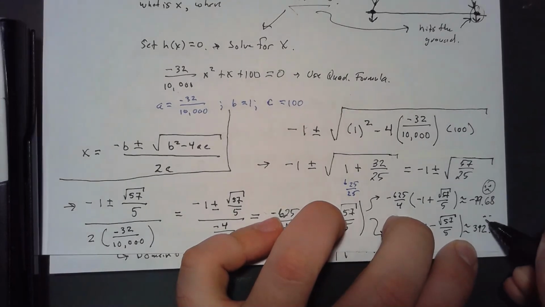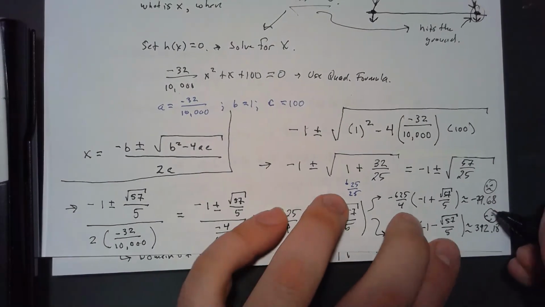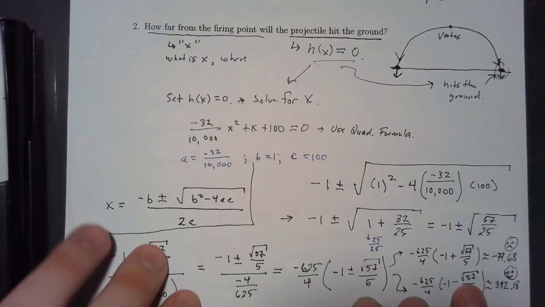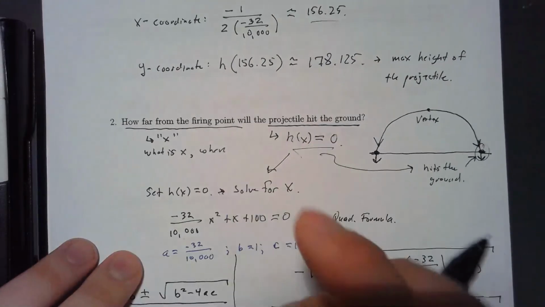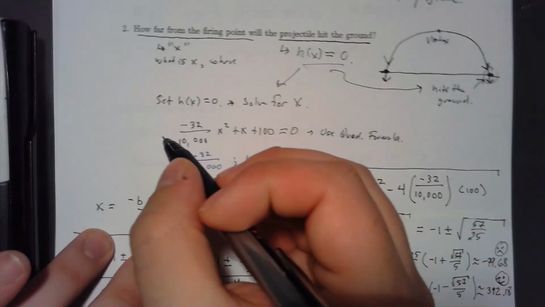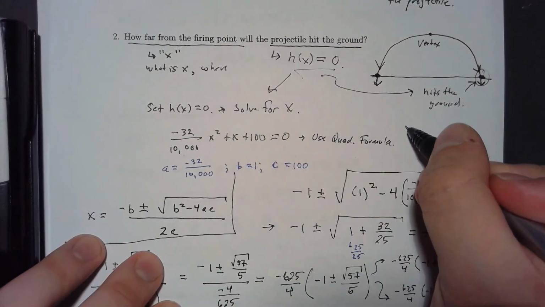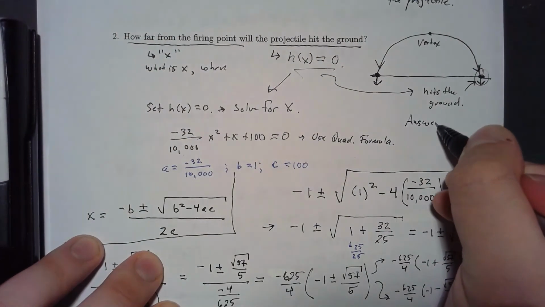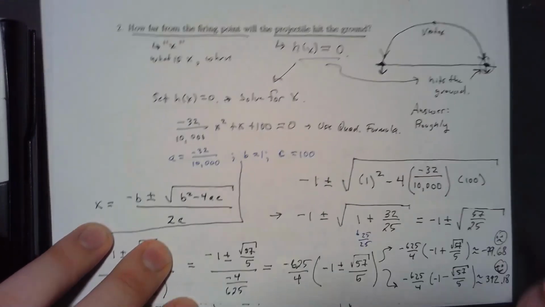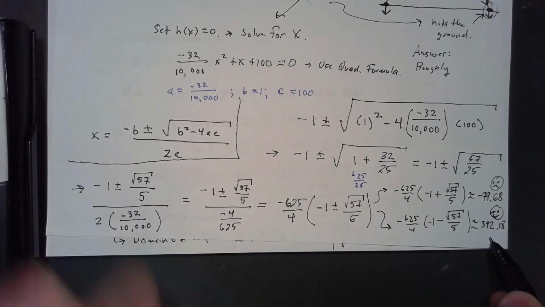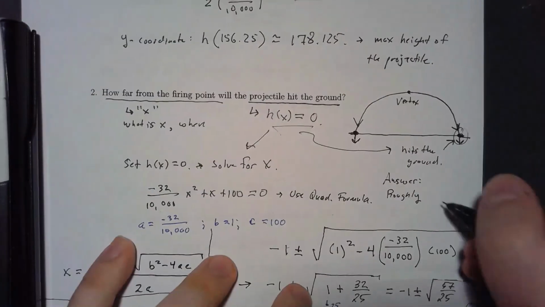So the answer to the question, how far from the firing point will the projectile hit the ground, is roughly 392.18 feet.